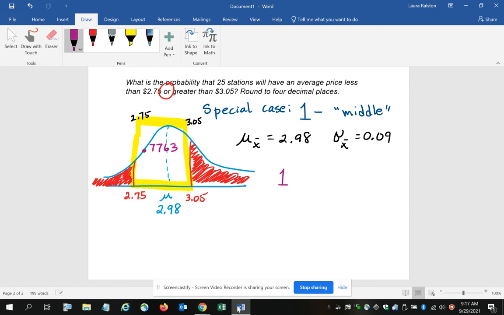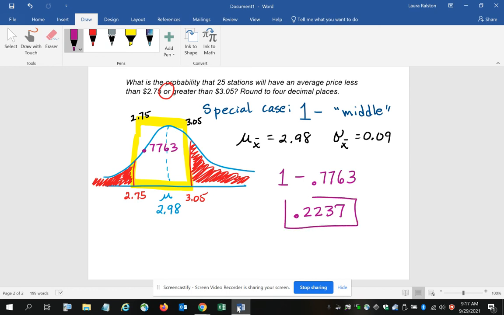So I have 1 minus 0.7763. I'm going to get my calculator and do that on my handheld calculator. 1 minus 0.7763 gives me 0.2237.